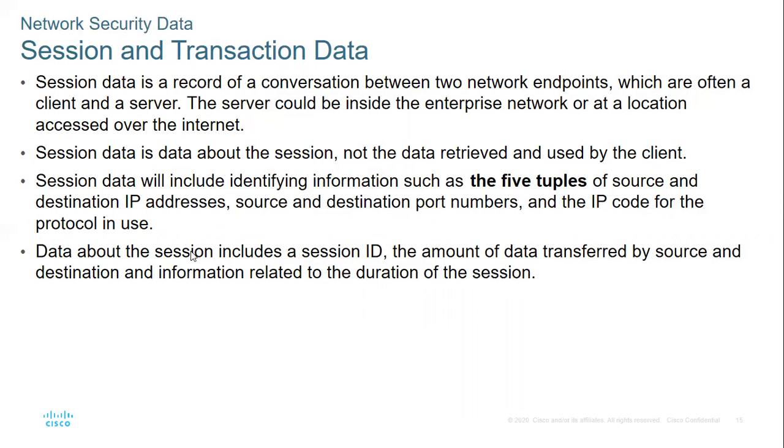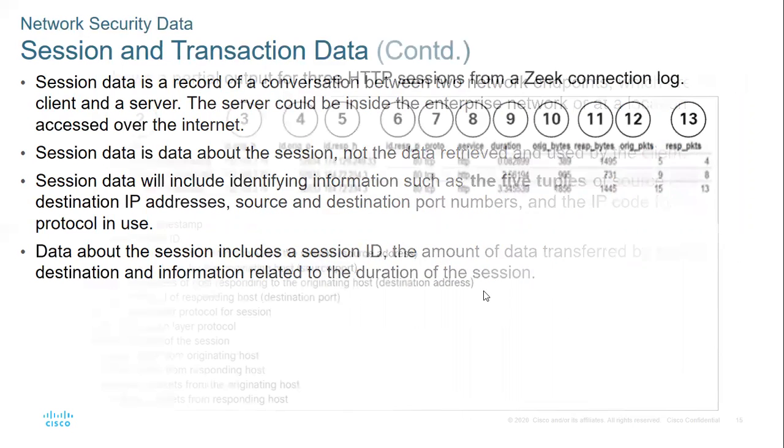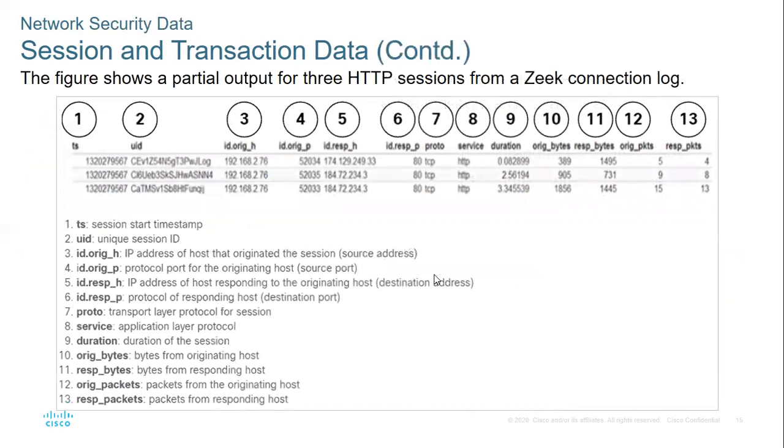Session data includes the session ID, the amount of data that has been transmitted between the source and destination, and information related to the duration of the session itself. This is what makes session data.